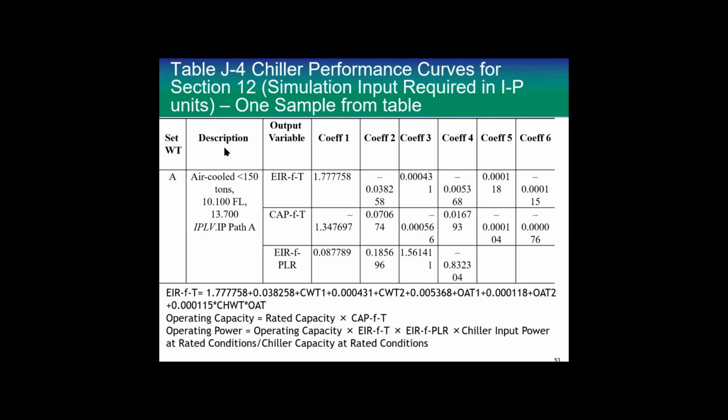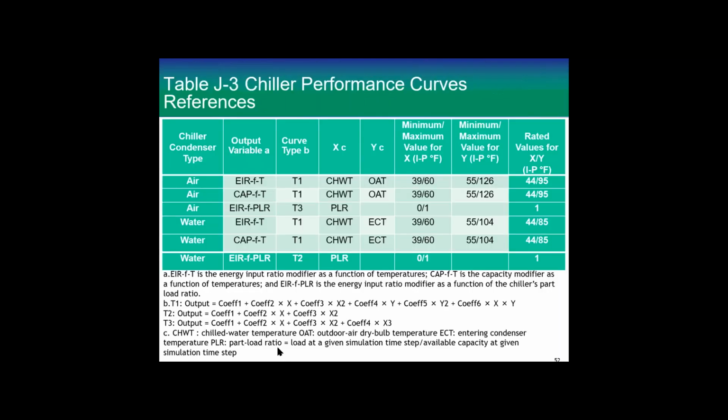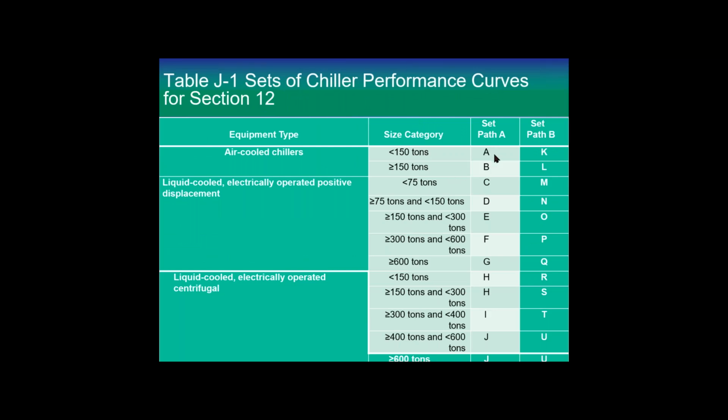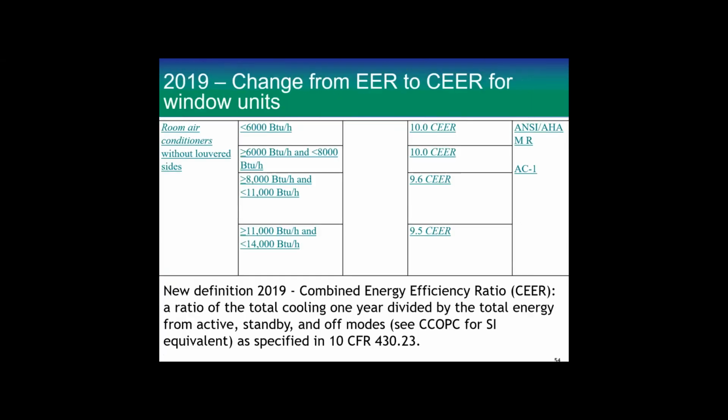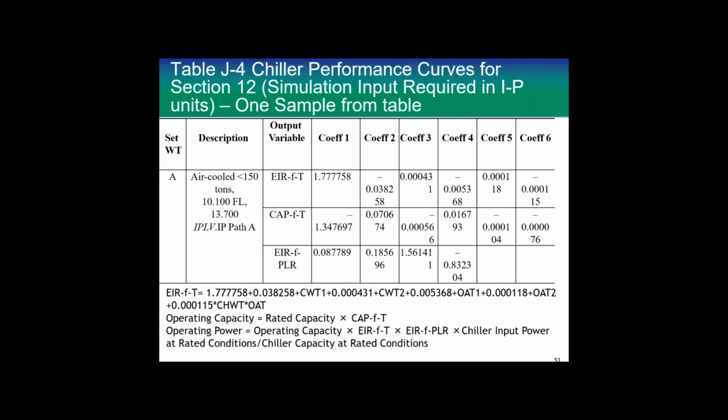Now path K, if you went to the same type of chiller and went to the path B, which is the one that's more efficient in part load, so that would be K.